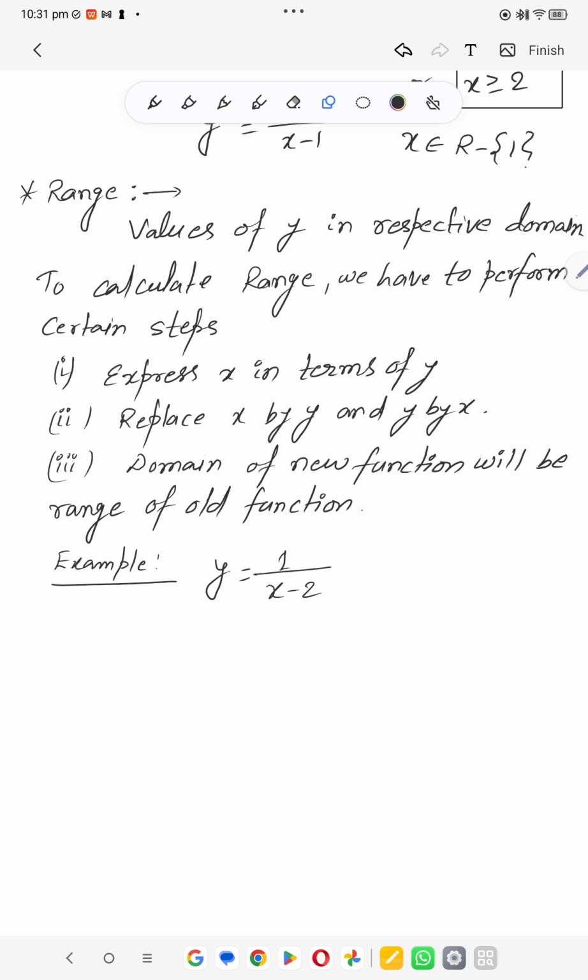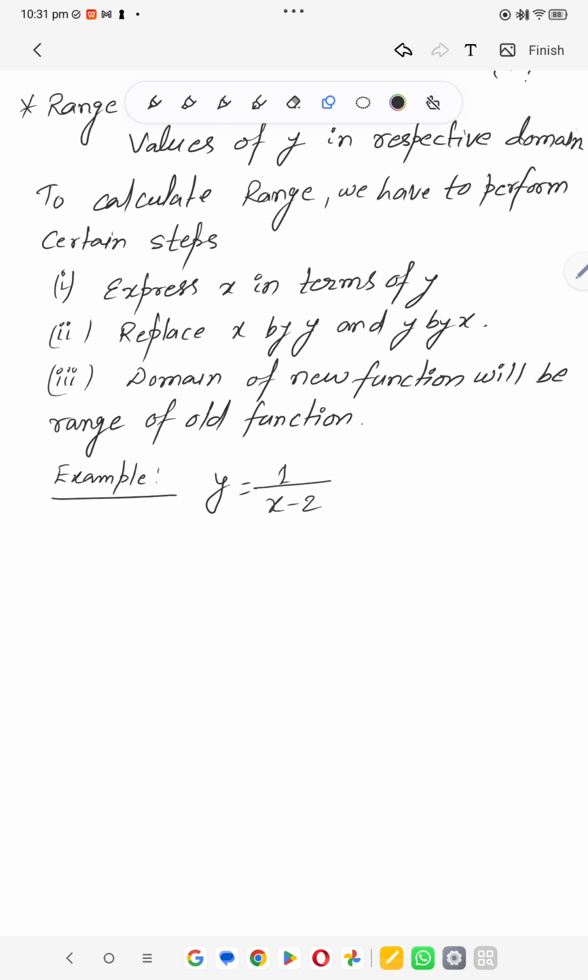So from here x minus 2 equals 1 by y, x equals 2 plus 1 by y.